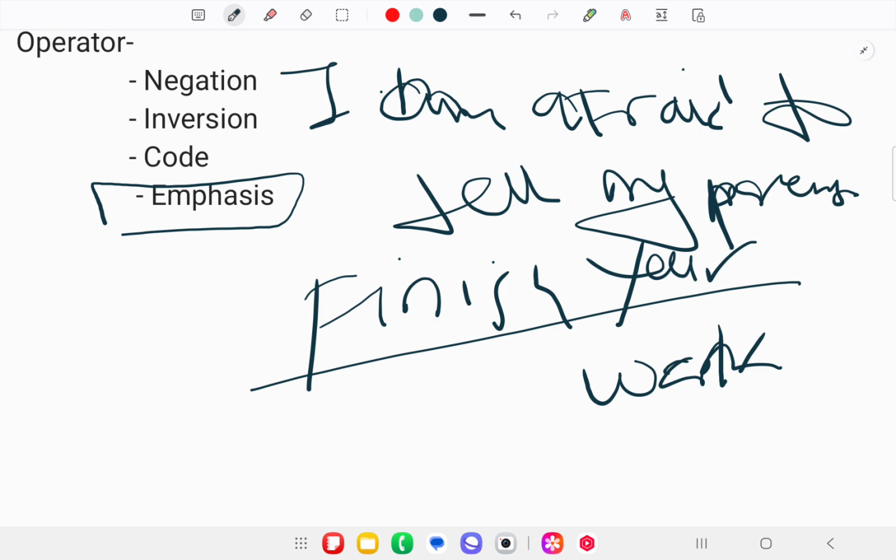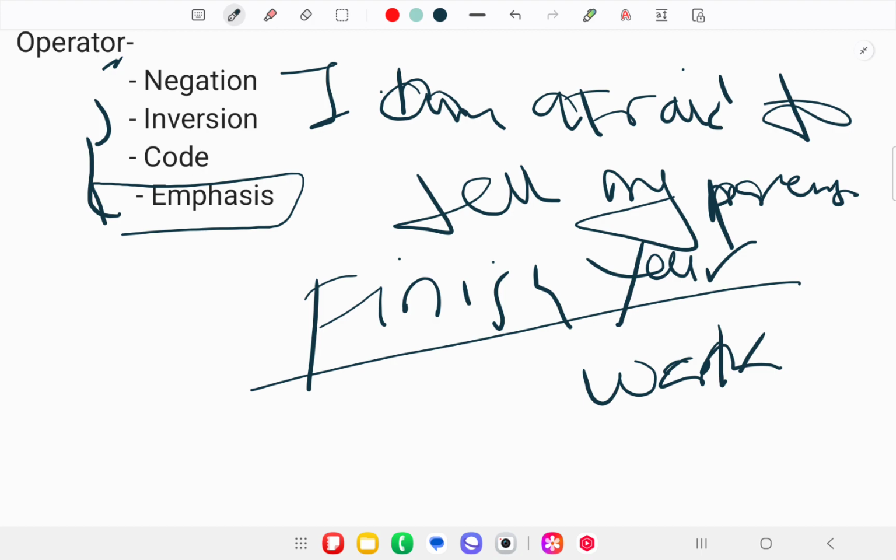So here we can see that there is a kind of stress intonation that forces us to do that thing. Means if I say finish your work, this implies that you have to do that work anyhow. Okay, so these are the four important phenomena.